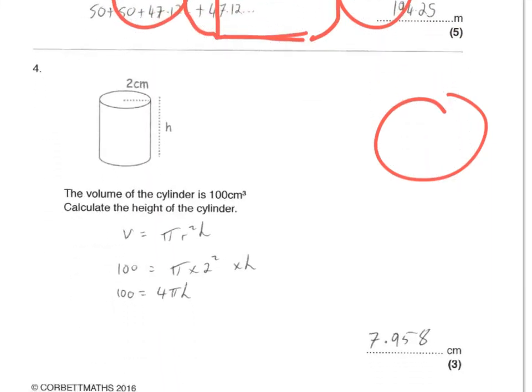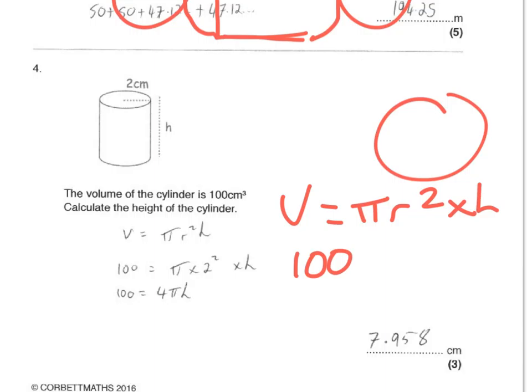It's a volume of a cylinder, but it's giving you the volume first. So volume of a cylinder equals pi r squared, that's the circle at the top, times the perpendicular height. Here you've got the volume, so you rearrange this. You want to work out the height. The volume is 100. When you rearrange this, the inverse of times by pi r squared is to divide by pi r squared.